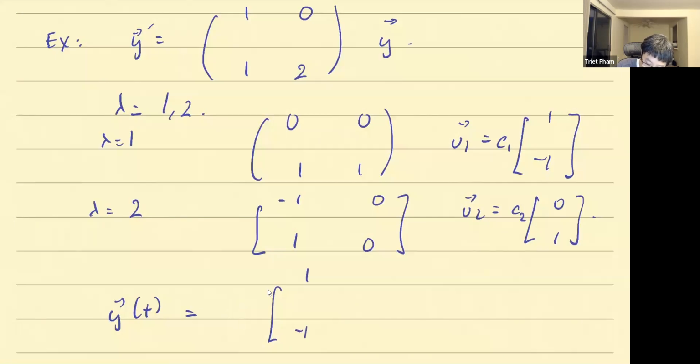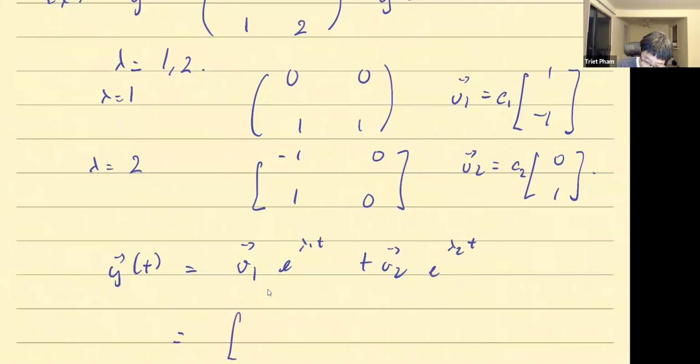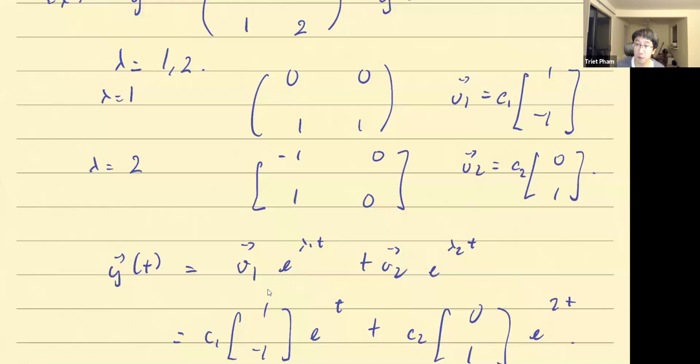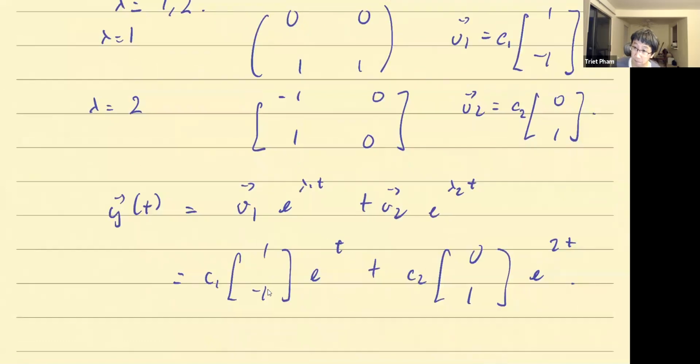Or rather, let me emphasize the structure again: v1 e to lambda 1 t plus v2 e to lambda 2 t, which then exactly falls into our previous form. Is that okay? Like that.